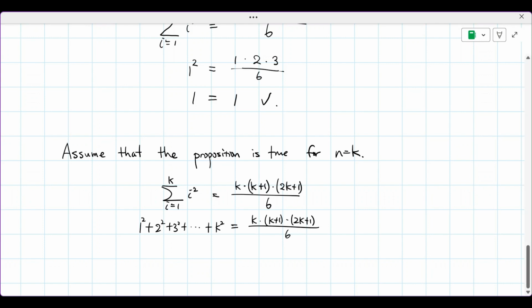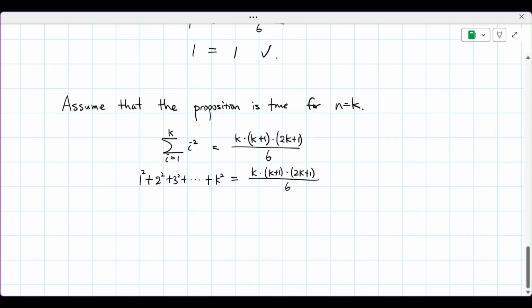Maybe the second equation will be a bit more useful when I'm trying to prove the next case, which is the goal: to prove that the proposition is true for n equals k plus 1.